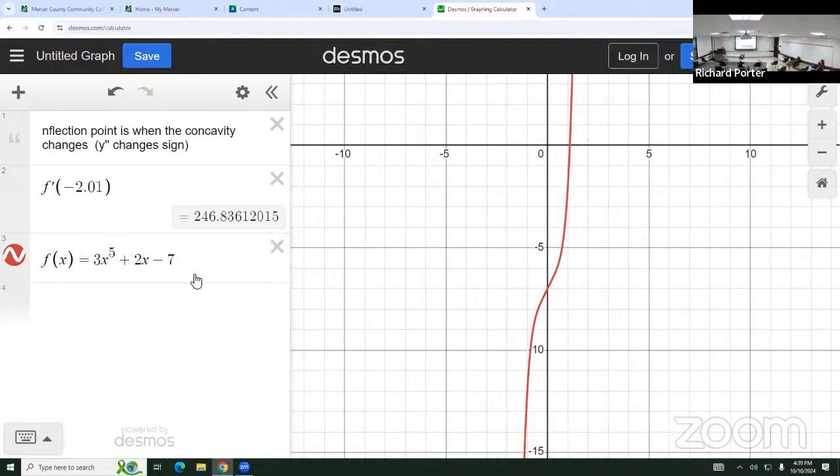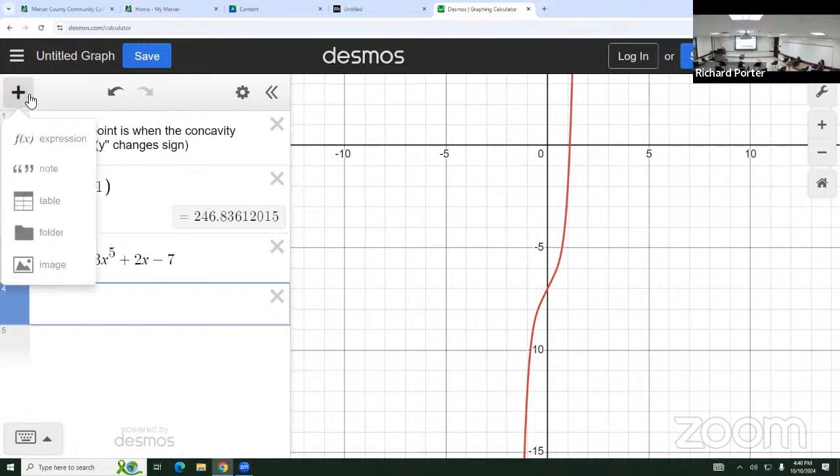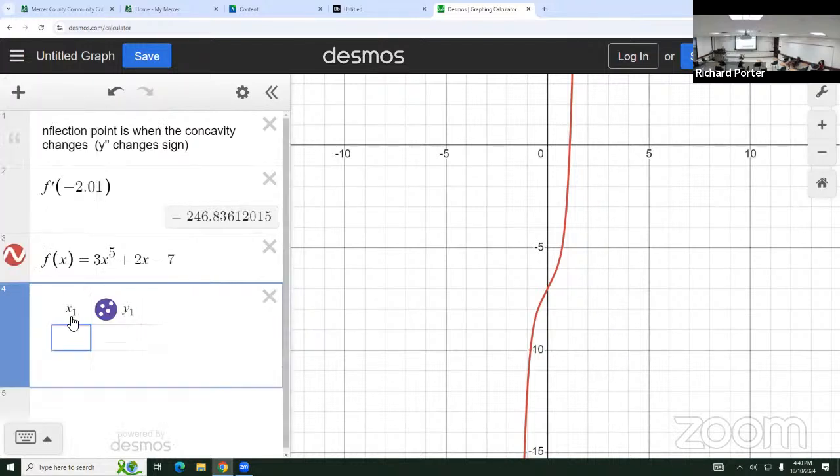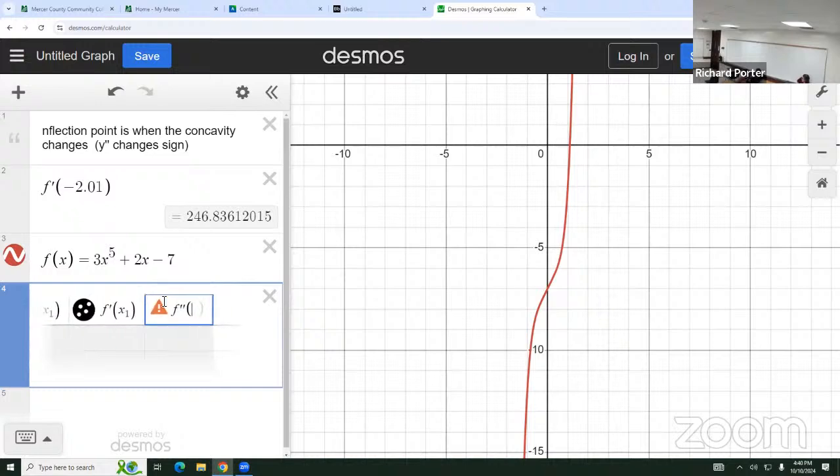So looking at that, if I create a table, we do f of x1, f prime of x1, and f double prime of x1.